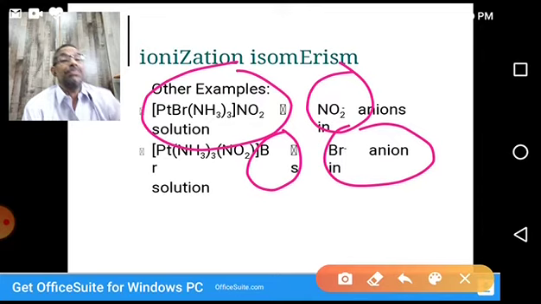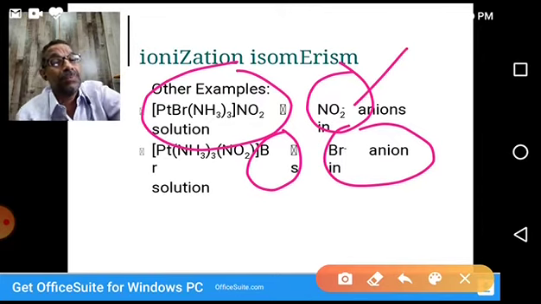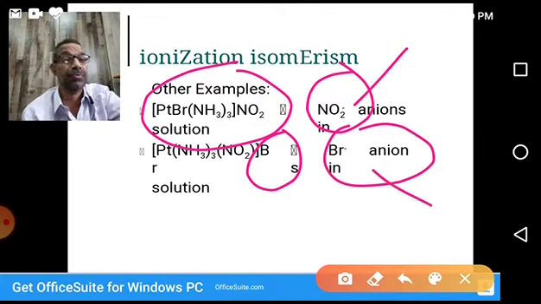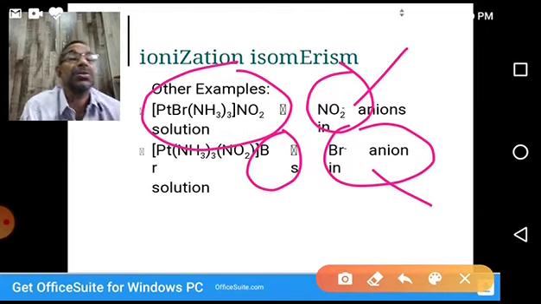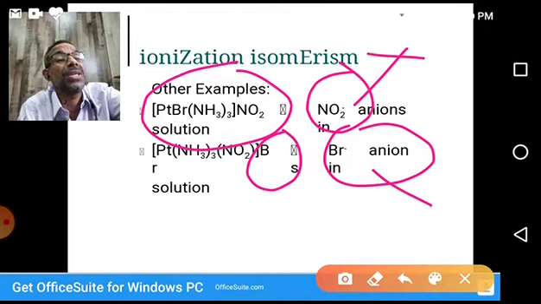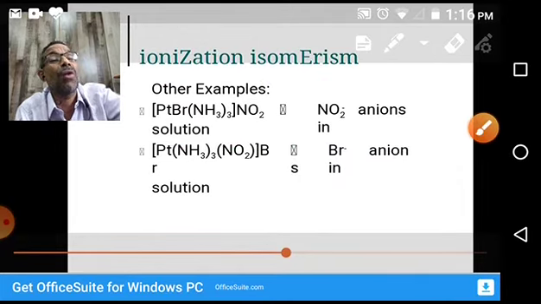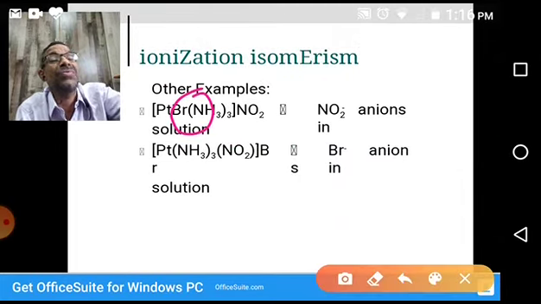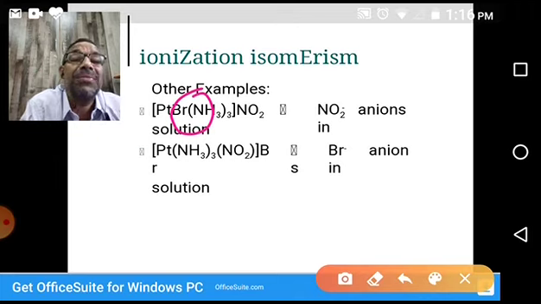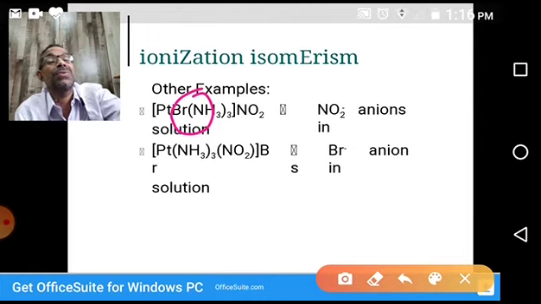This one gives a test with AgNO3, whereas the other compound doesn't. Why? In this case, the bromide is involved in the coordination sphere. It does not come out as a free ion.